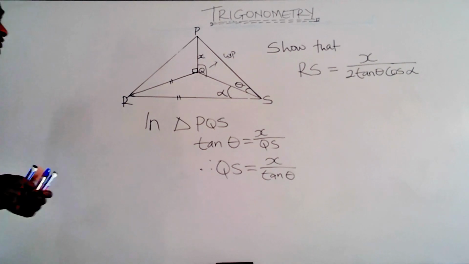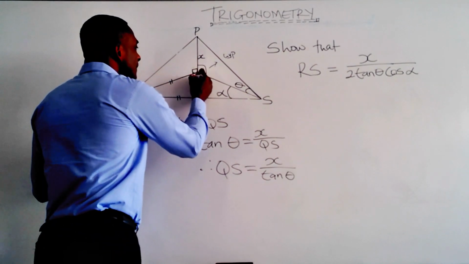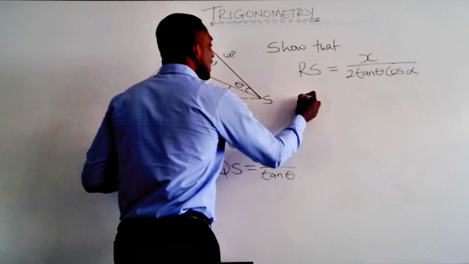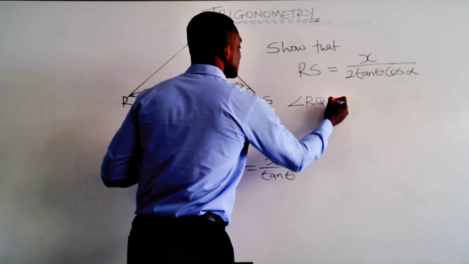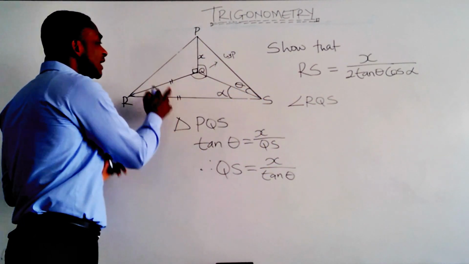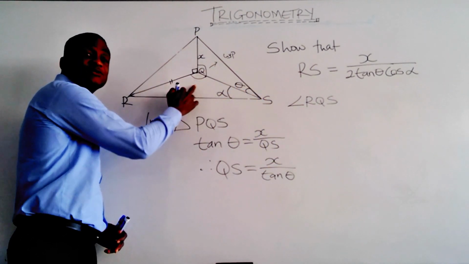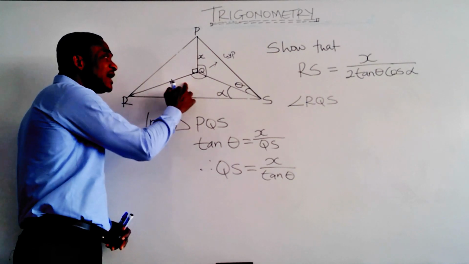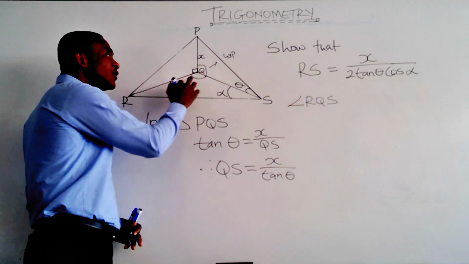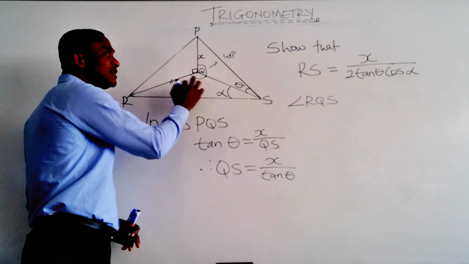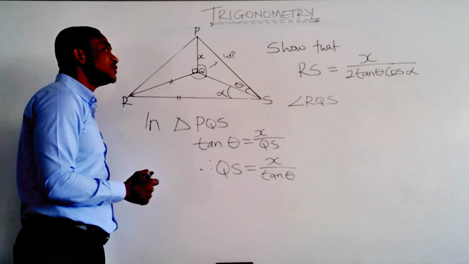Another thing we need to note here is this angle, angle RQS. Because these two lengths are equal, it makes this an isosceles triangle. And under an isosceles triangle, base angles are equal: the angles opposite equal lengths are equal.